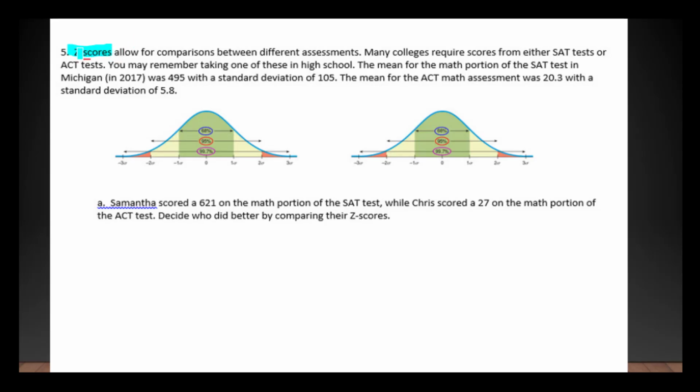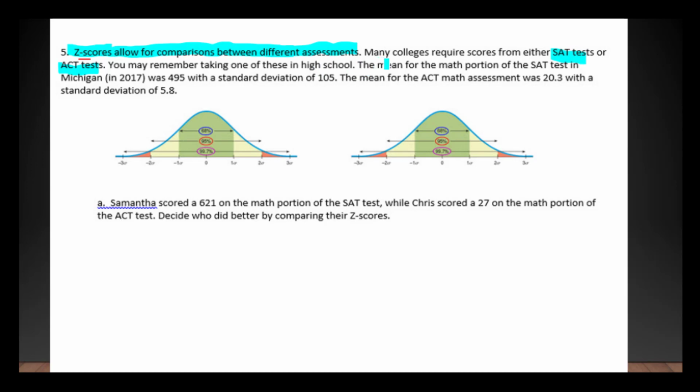An important component of z-scores is they allow you to compare between different assessments. Many colleges require either the SAT tests or the ACT test for admission. You might remember taking one of these in high school. Of course, last year we didn't.